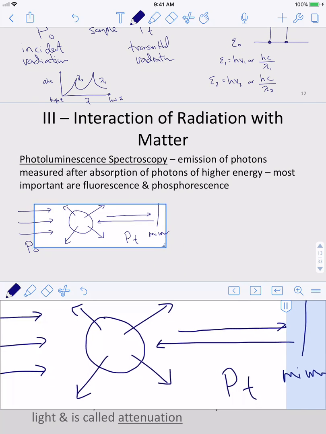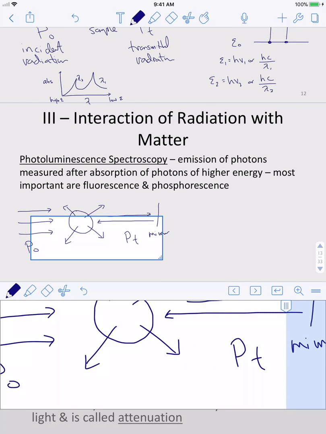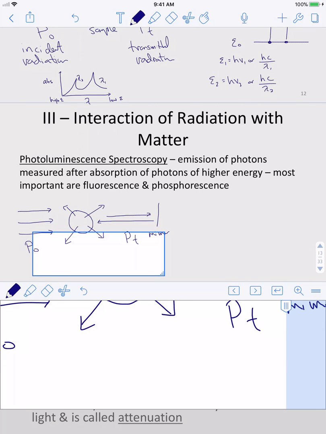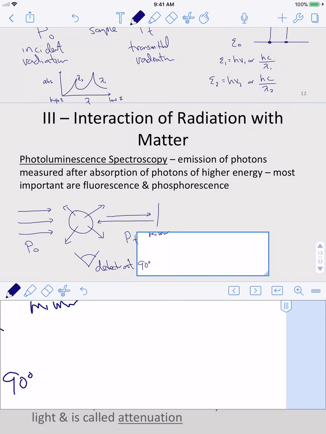And then instead of having a detector where that mirror is, that would look at the amount of transmitted light, which would be the same as the previous slide, now we put our detector at 90 degrees. So here's our detector down here. At 90 degrees. And what that allows us to do is to view the emitted light instead of looking at any transmitted light or the initial incident light.